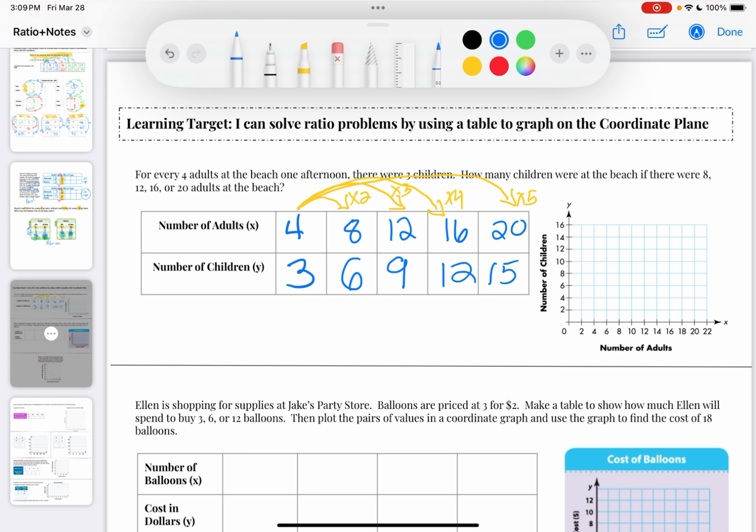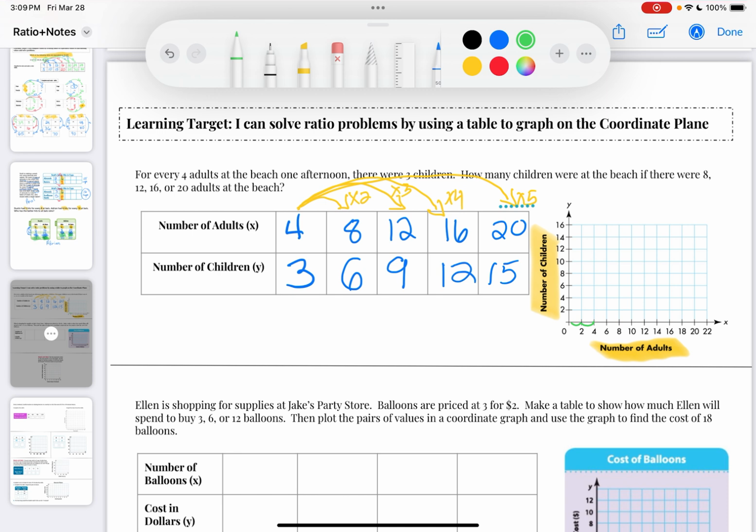So we see that it has number of adults on the bottom as our x-axis and the number of children on the left as our y-axis. So let's graph this. I have 4 adults, so we can go over 4. And then 3 children.